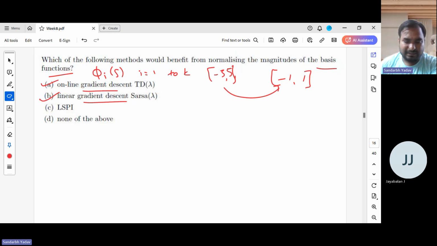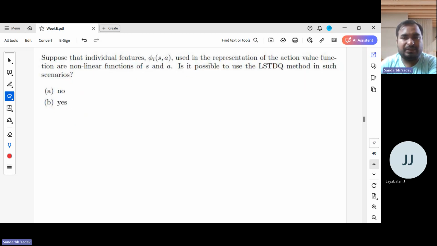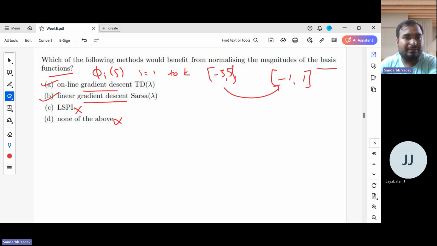We were solving a system of linear equations, and accordingly we had a regressor or a classifier. And there are procedures in this domain which are kind of resistant to this scaling. So this won't benefit, and this option is wrong. So again, this question was more of a knowledge question. If you already knew that normalizing the magnitudes helps gradient descent, then you could have answered it.